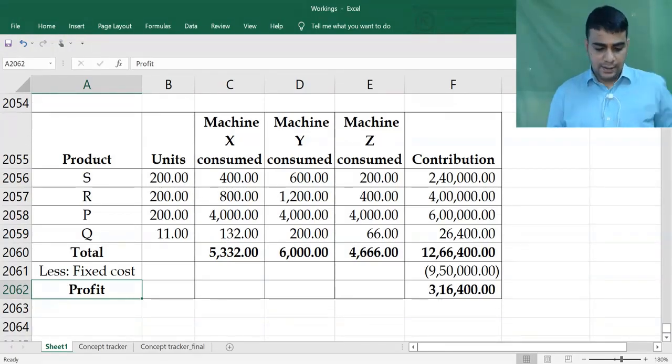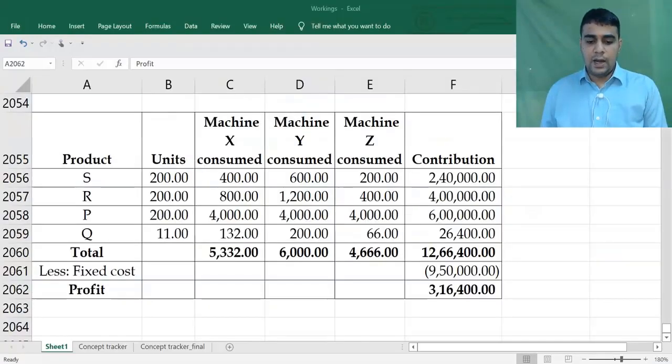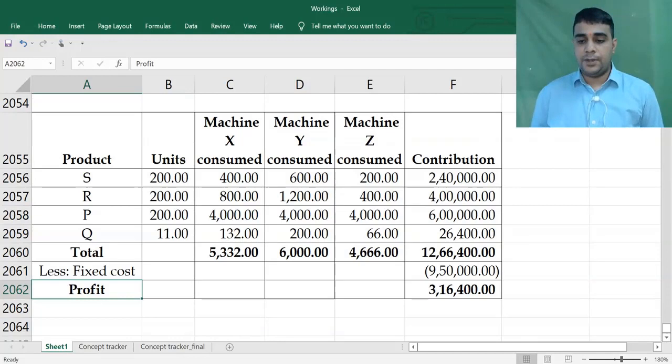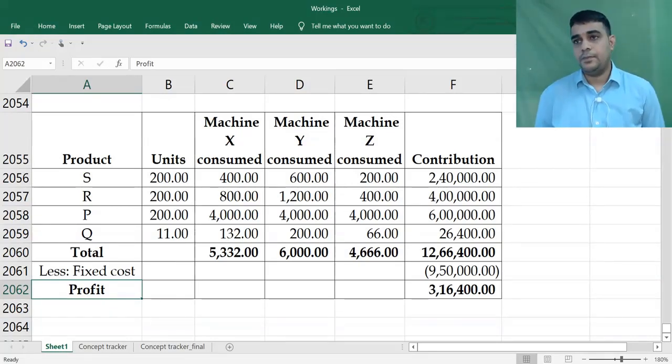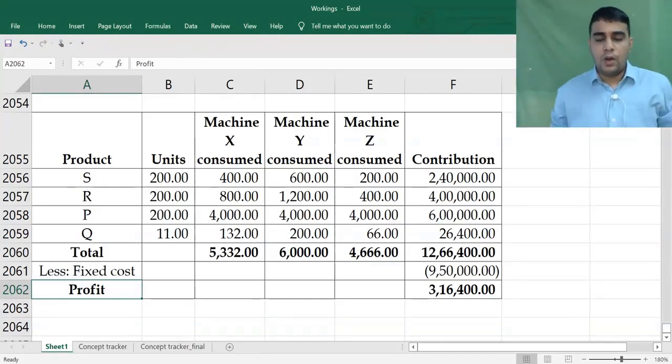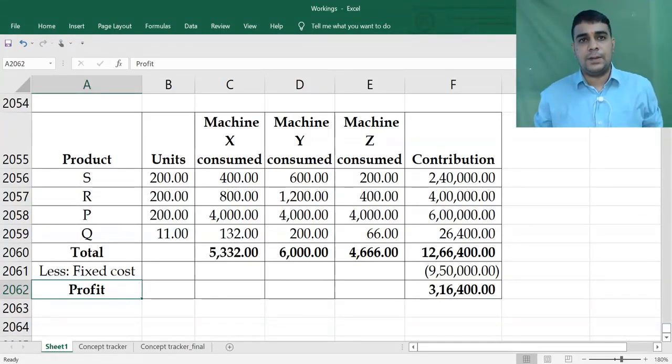Part 2 and I think part 3 is done. Allocation of machine hours and profit computation is done. Allocation and profit calculation is completed in this table.